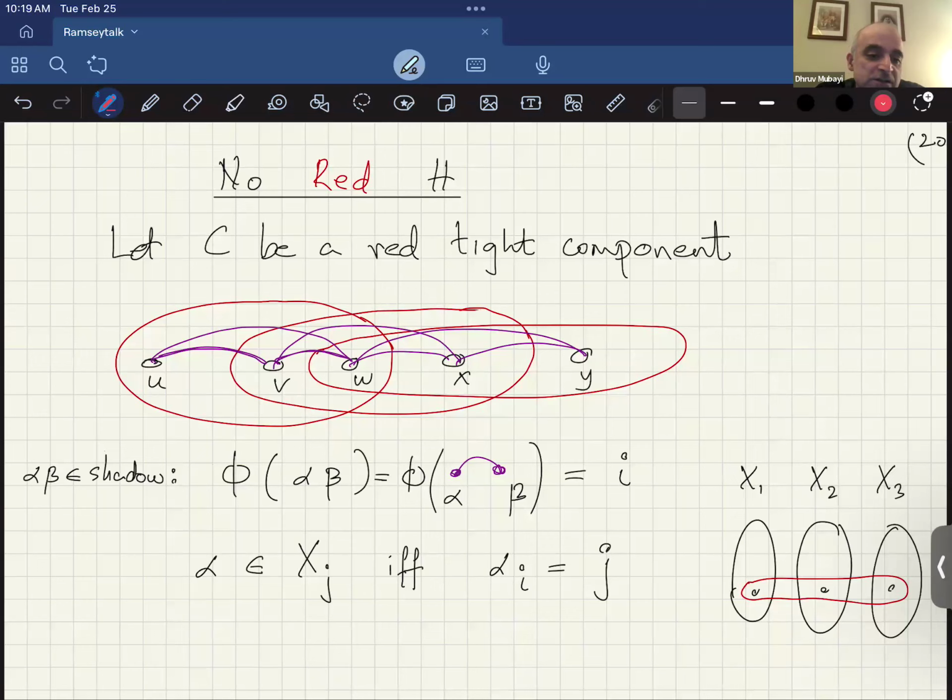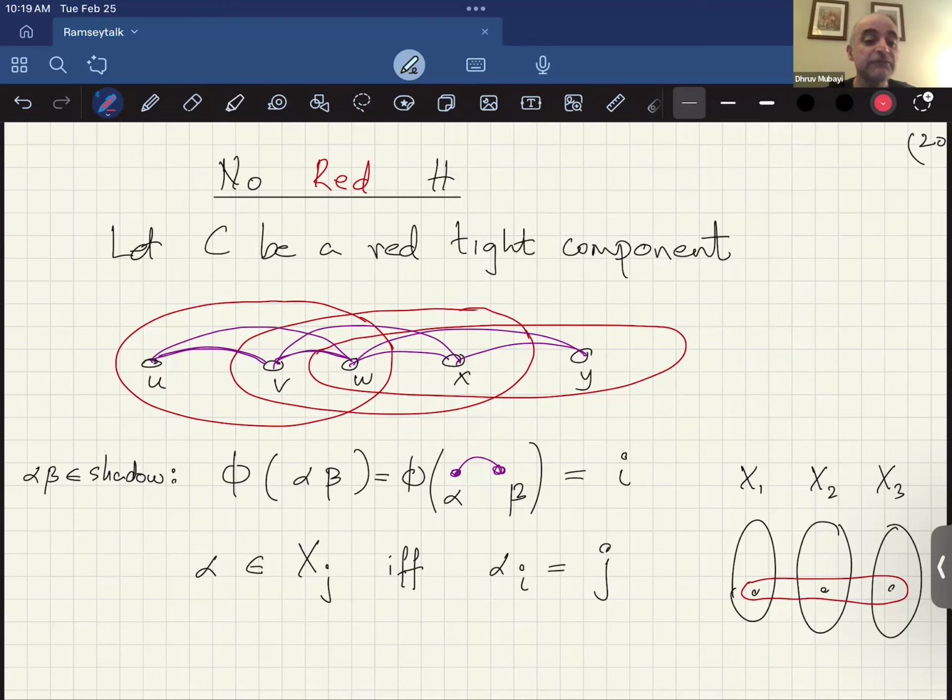So whatever V was in that coordinate, that's the class that I put V in. And whatever W was, I put W in that class, and similarly for U. So what I have done then is assigned every vertex a number between 1 and 3. And that's my X1, X2, X3. And this actually gives me a consistent coloring.